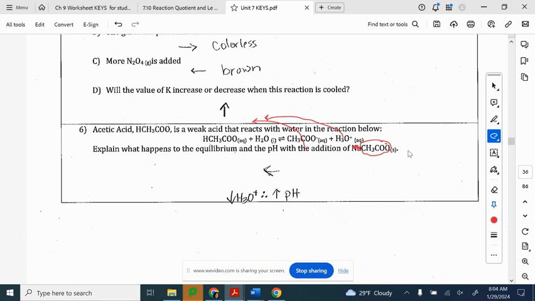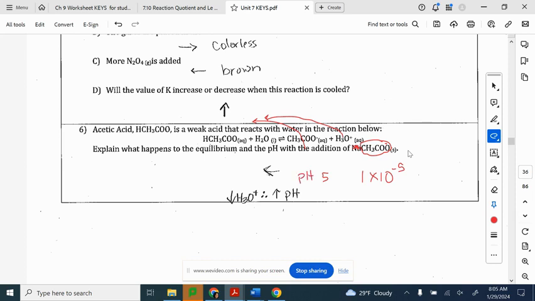H3O+, if that gets reduced, then our pH goes up. Because remember what pH is, it's a measurement of this, and it's like a reverse: if this goes up, that goes down. pH is just a logarithmic scale. So if you have a pH of 5, that means your concentration of this is 1 times 10 to the negative 5.